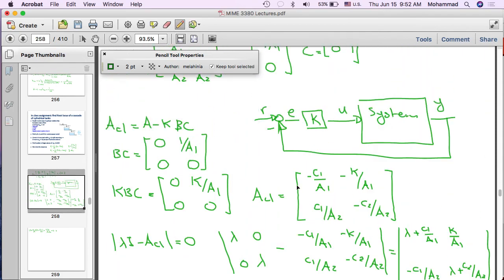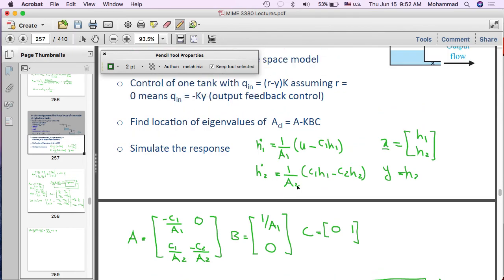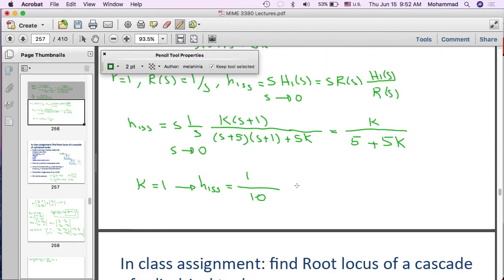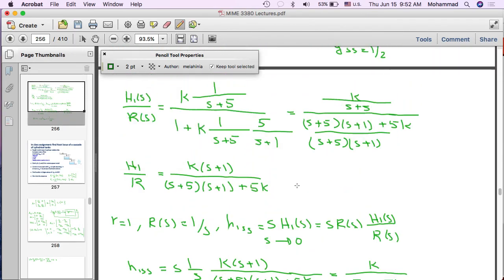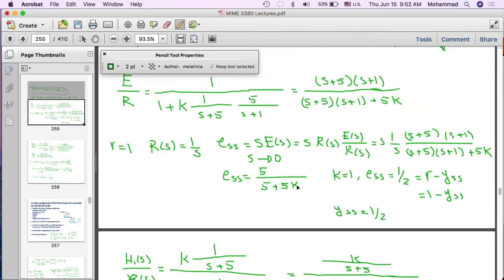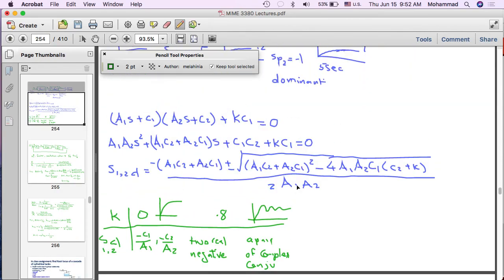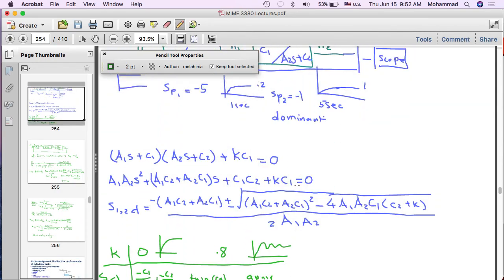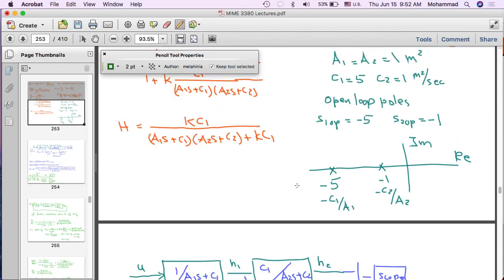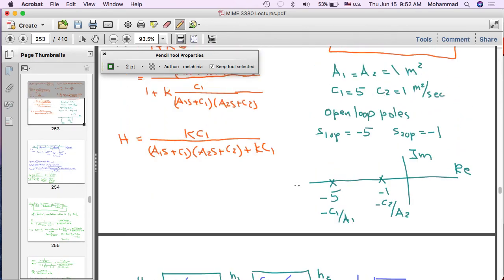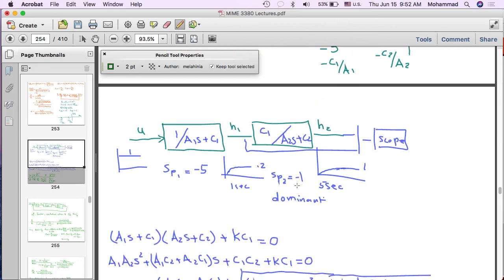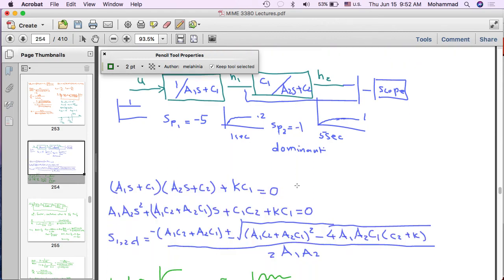Let's go back to what we did. I'll scroll back. Don't worry if you need more time to write it. Let's go back to our closed loop transfer function. The closed loop transfer function that we found was here, and the polynomial that we found for finding the poles is equation 1.